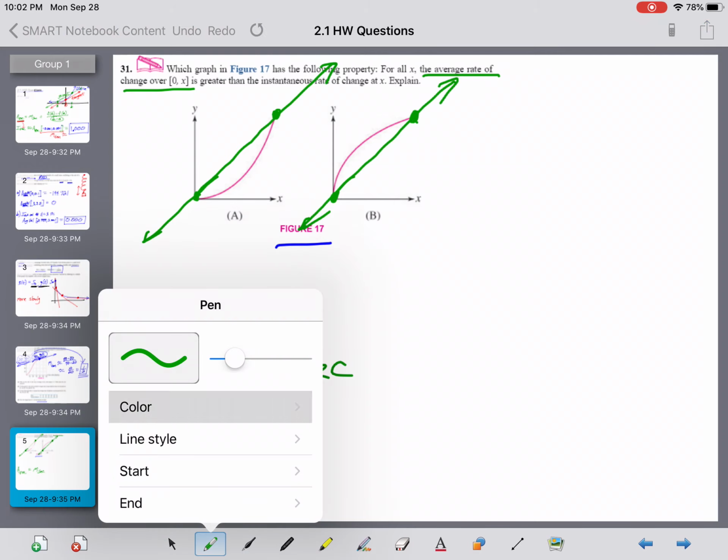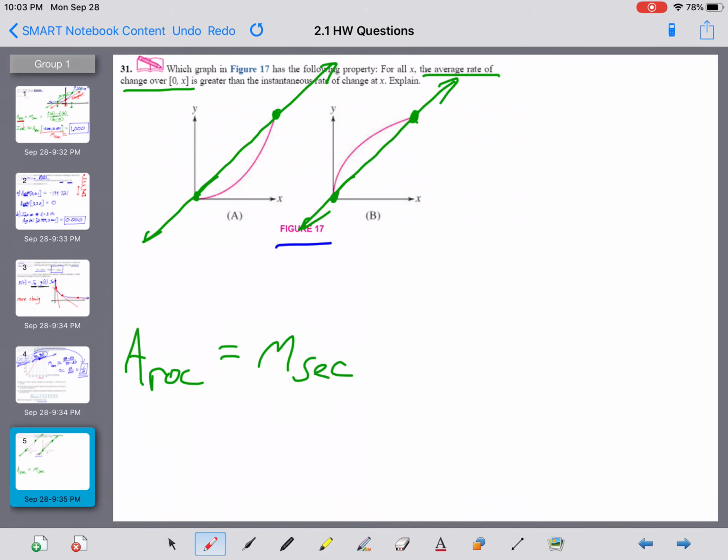Now, let me switch to red, as I normally try to do. The next thing they're trying to get us to do is to compare that average rate of change to the instantaneous rate of change at x. An instantaneous rate of change is the same concept as the slope of a tangent. But it's not just the slope of a tangent anywhere, it's the slope of a tangent at x.